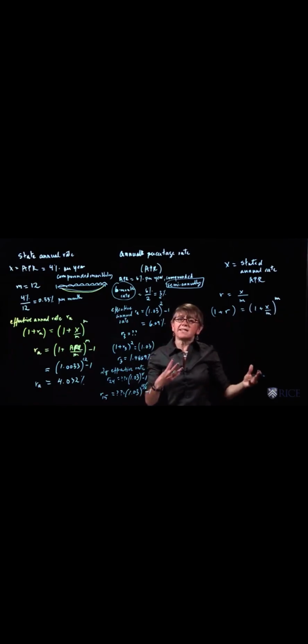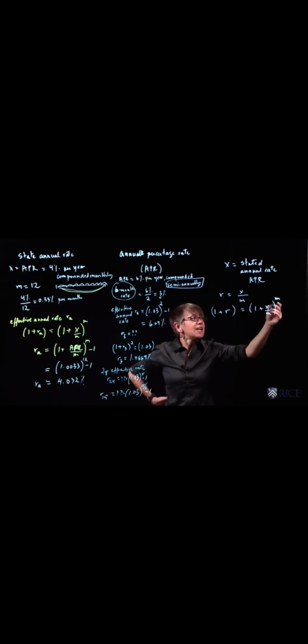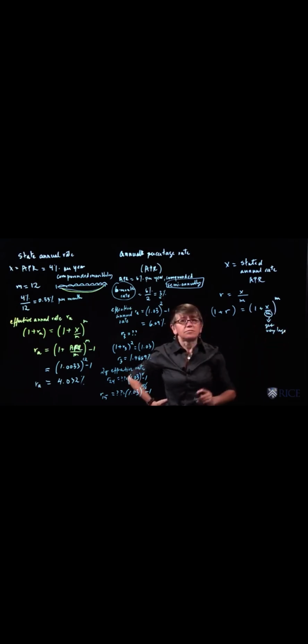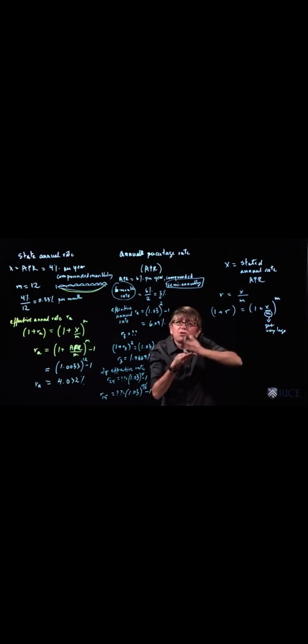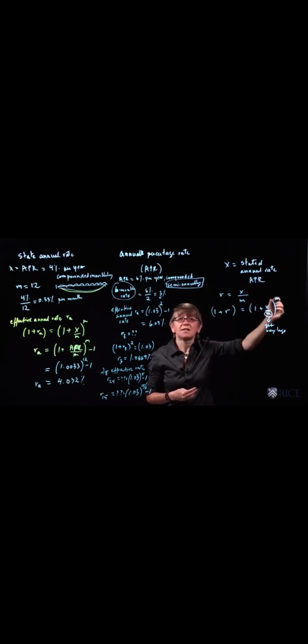Now, what does it mean to compound continuously, or every instant? It essentially means we're letting this m get very large, because we're chopping it up into very small pieces, making the number of times it gets compounded very, very many.